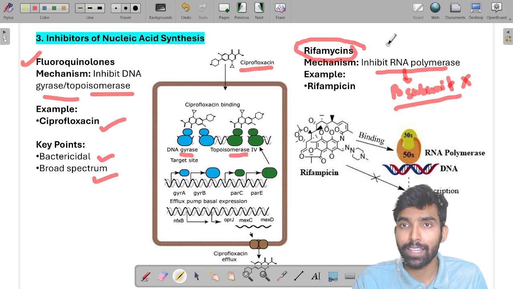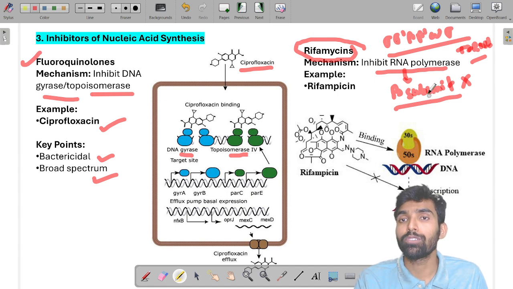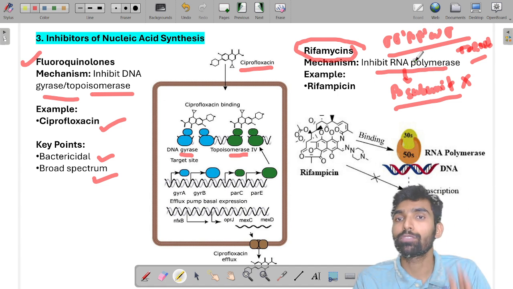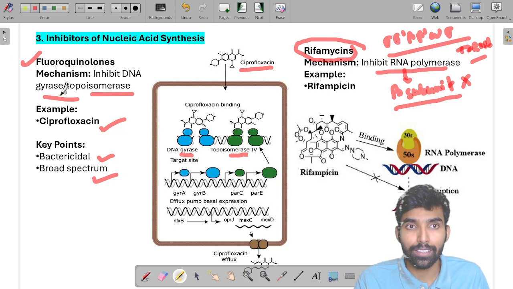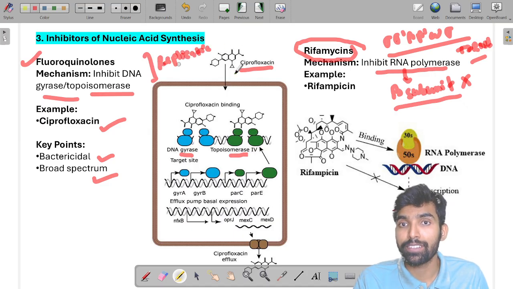So if you remember, alpha, alpha dash, beta, beta dash, omega and sigma make up the RNA polymerase, right? If it binds to the beta subunit, then this core enzyme complex will not form and the transcription will be halted. So fluoroquinolones, like ciprofloxacin, work at the replication level, and rifampicin or rifamycin work at the transcription level.